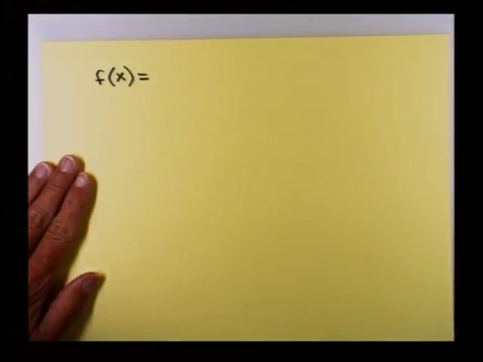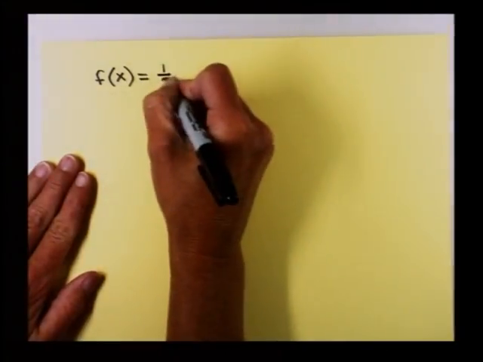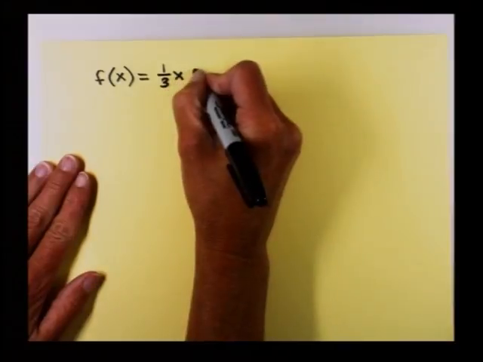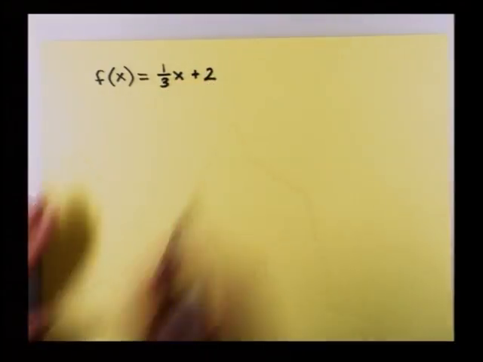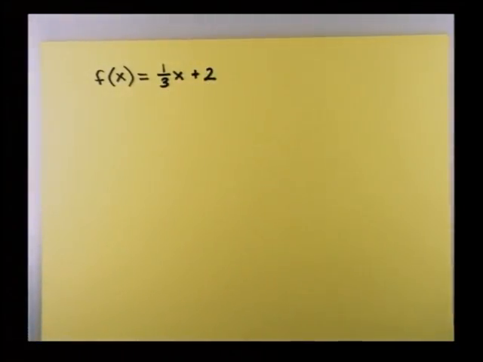So f of x is equal to 1/3 x plus 2. So go ahead and go through those steps again where x and y trade places, solve for y, and find your inverse. I'll give you a couple minutes to do that.